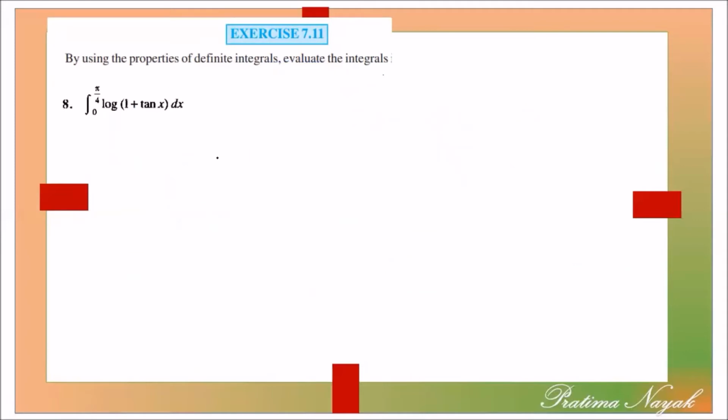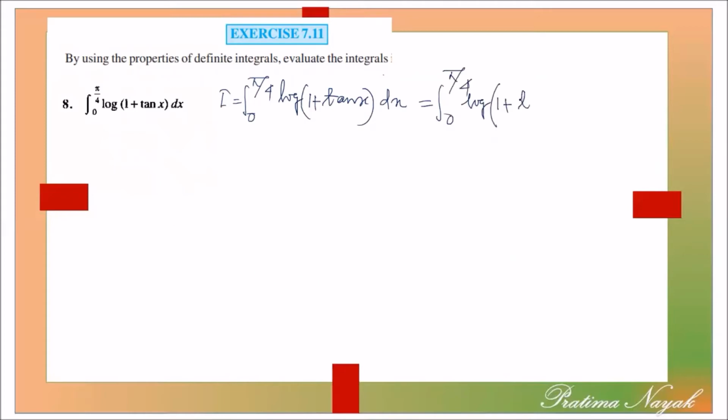Question number 8. You can see that a is your pi by 4 here. So I'll write I is equal to integral 0 to pi by 4 log 1 plus tan x dx, which is equal to integral 0 to pi by 4 log 1 plus tan of pi by 4 minus x.